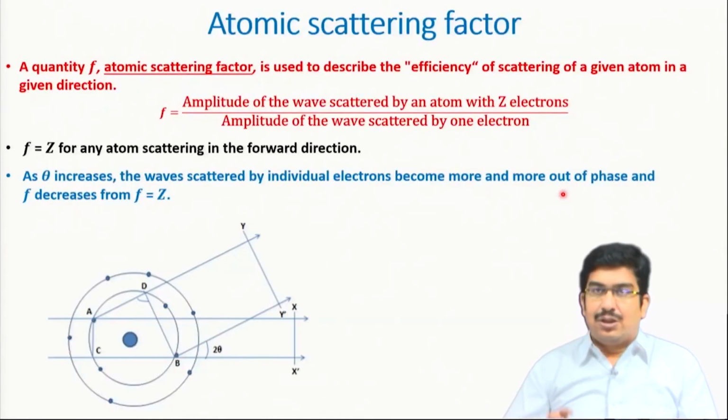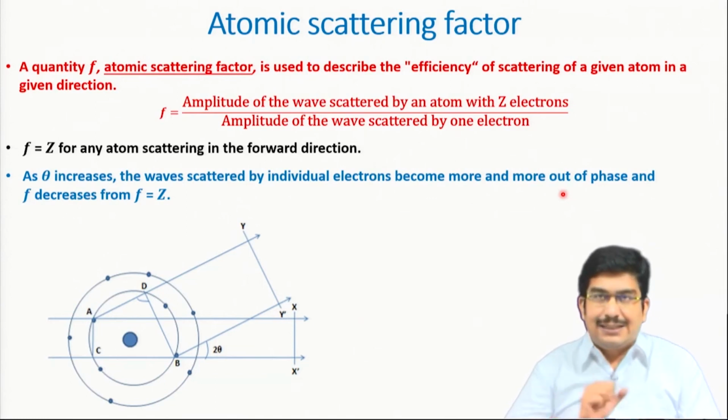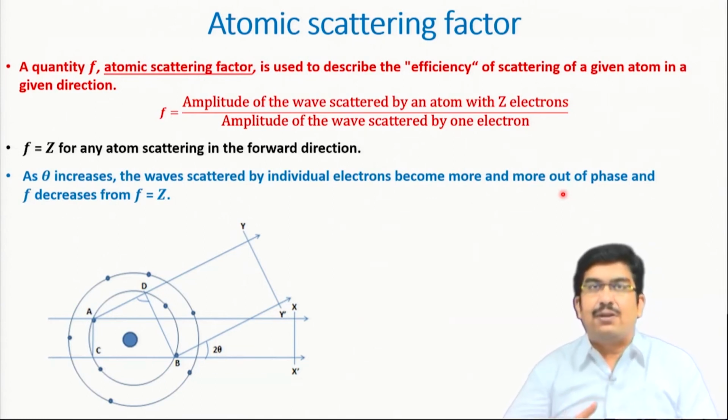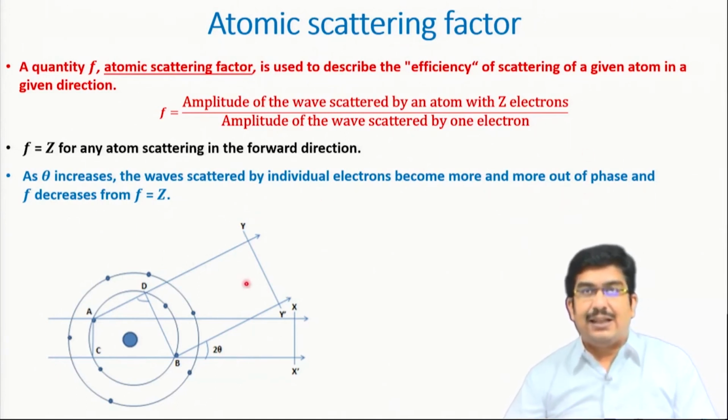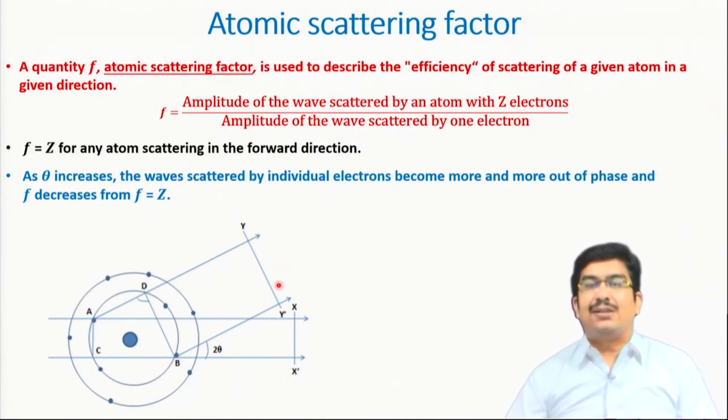Okay. So, the best way we can calculate the intensity of the scattered beam coming out of one single atom, in any arbitrary direction, is by a term called the atomic scattering factor. The atomic scattering factor simply expresses the efficiency of scattering of a given atom in a given direction.